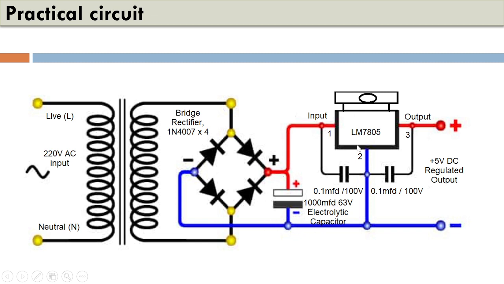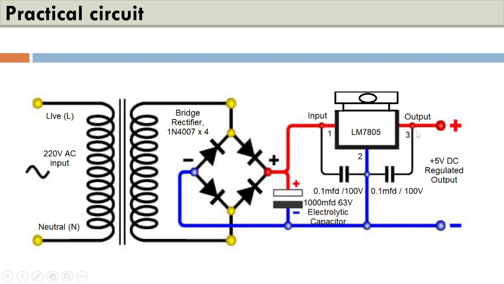Now, after that, we have a three terminal regulator. As seen here, the input is connected to pin number one of this 7805, which is a three terminal 5-volt regulator. We have ripple capacitors to filter out the ripples connected across the input and the ground, and also the output and the ground.